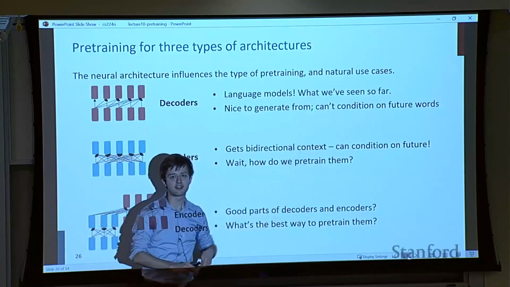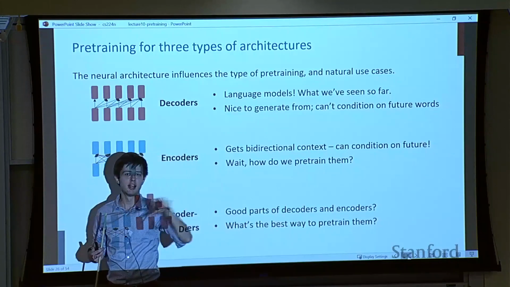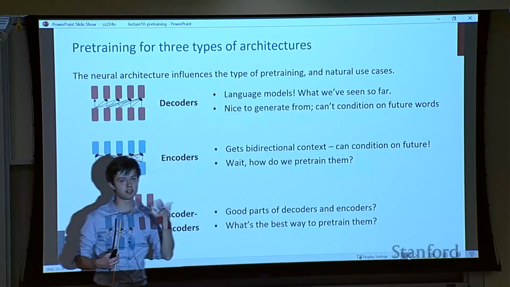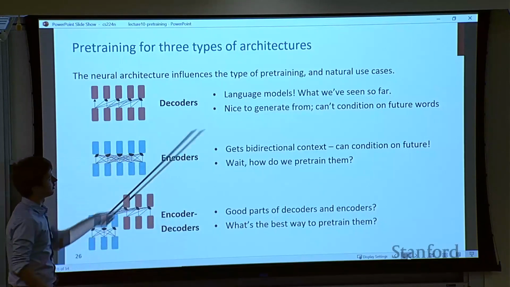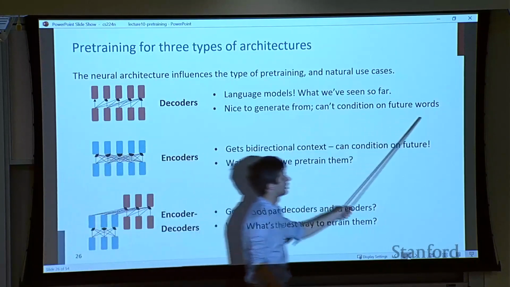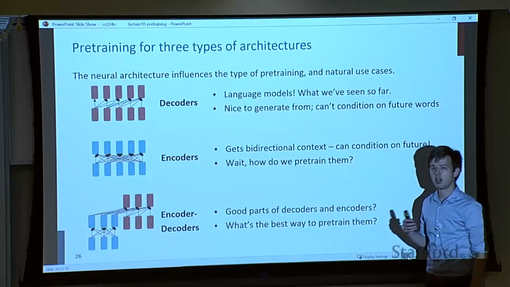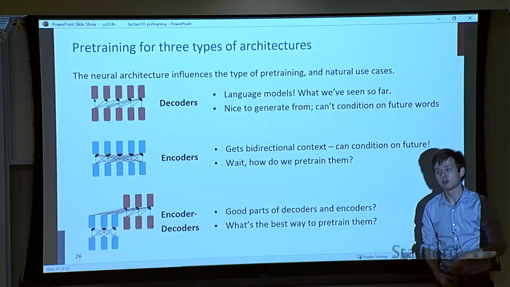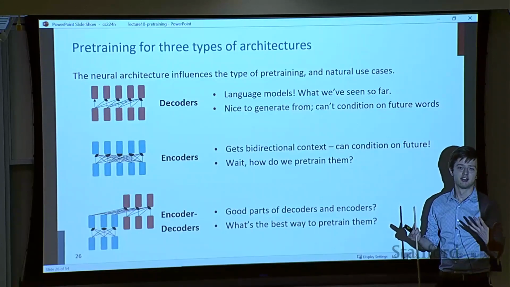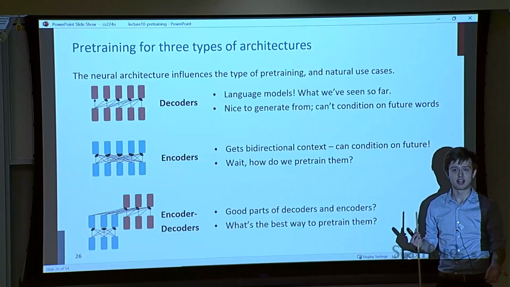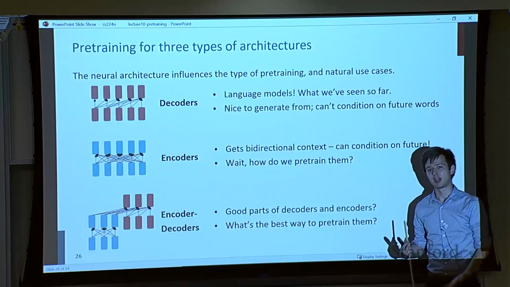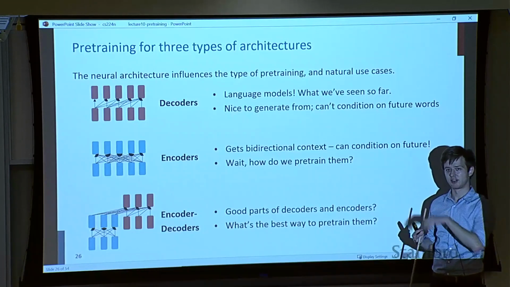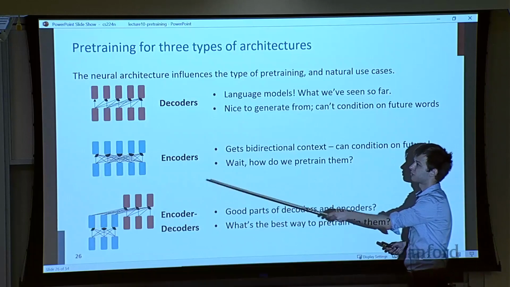You can just sample from your pre-trained language model and get things that look like the text that you were pre-training on. But one problem is that you can't condition on future words, right? We mentioned in our modeling with LSTMs that having a bidirectional LSTM was way more useful than having a one-directional LSTM. Well, it's sort of true for transformers as well.